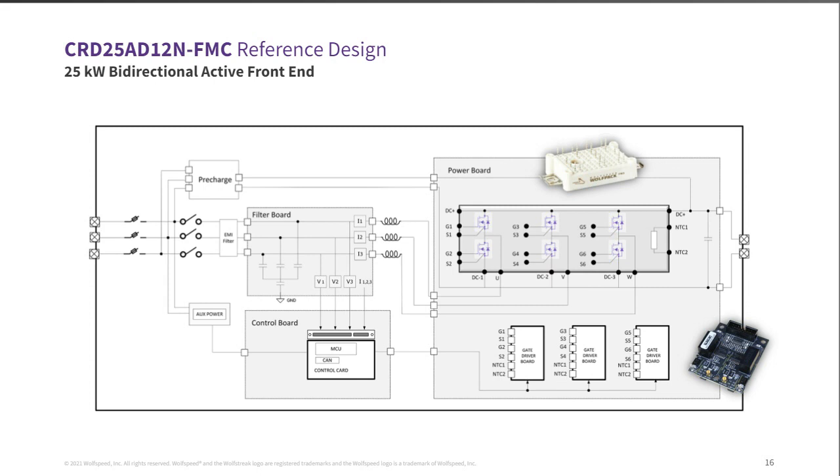But we have just an off-the-shelf EMI filter, and then a filter board with X and Y capacitors, the proper voltage and current sensing, custom inductors for the boost inductors, and then of course the power stage would include the 21 milliohm 6-pack FM3 Wolfpack module, and then 3 of our universal gate drivers.